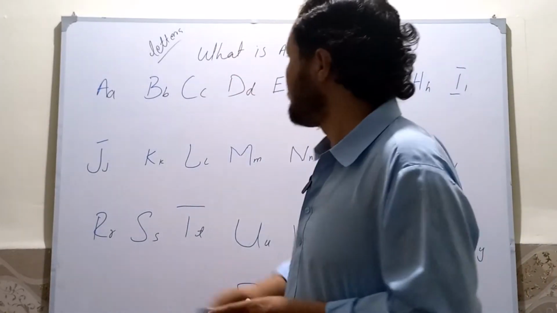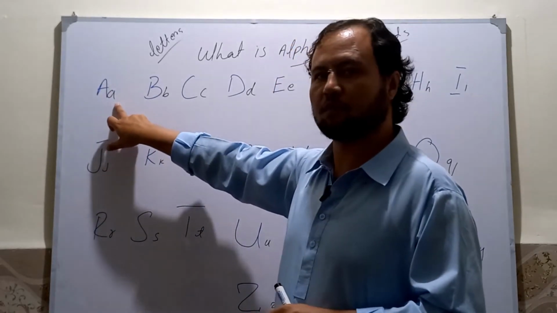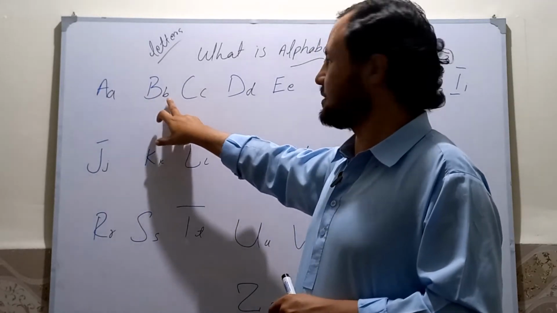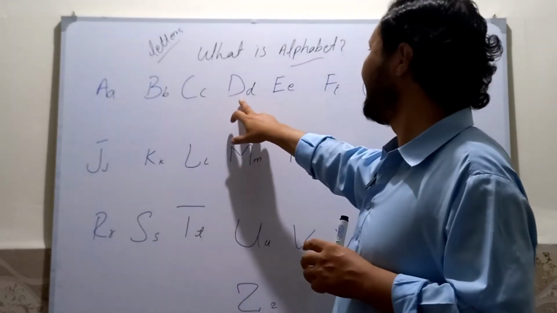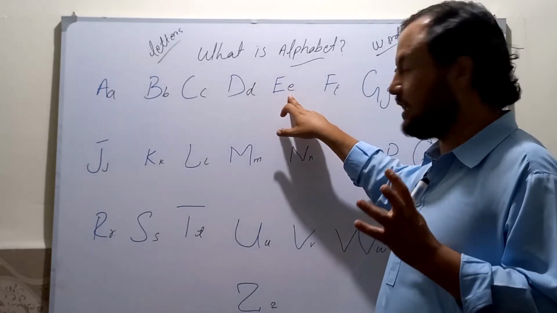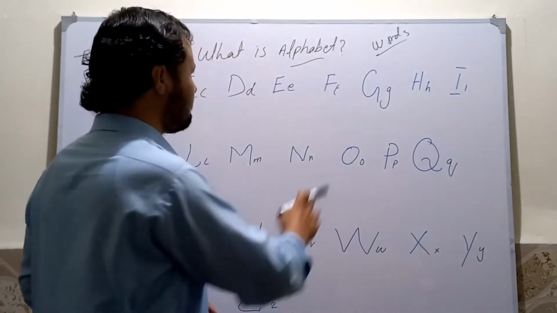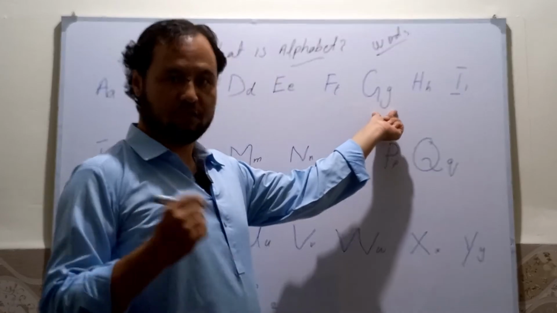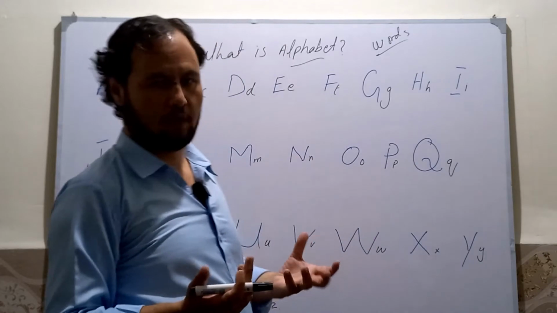Okay, let's pronounce them together. A, this is the capital one. A, small letter. B, capital letter. B, small letter. C, capital. This C is small. D, E, F, this is the small one. G, and the small letter is written like this. H, capital H, small h.